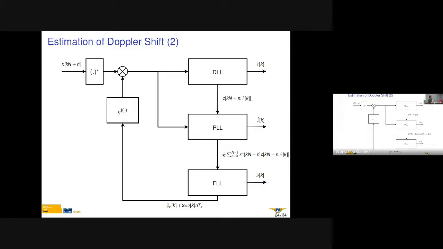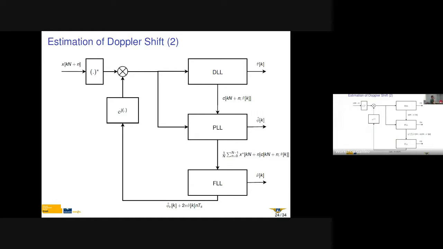So we have the DLL, the PLL, we already understood that. Now we have additionally an output from the PLL. So we have the prompt correlator output, we see that also going to the FLL, and we will derive in the FLL an estimate of the Doppler phase phi nu plus the Doppler frequency nu hat.